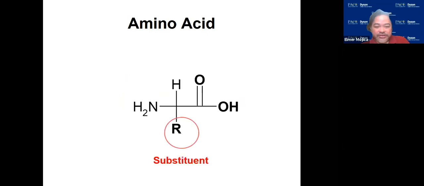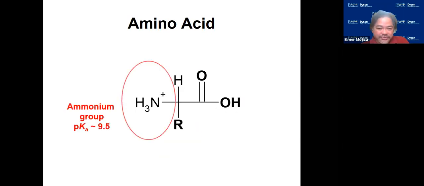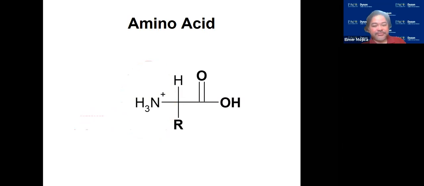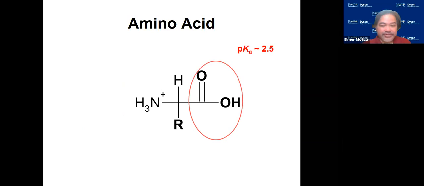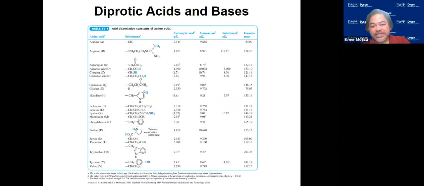The ammonium group has a pKa around 9.5, and the carboxyl group has a pKa around 2.5. These are the acid dissociation constants of your amino acids.